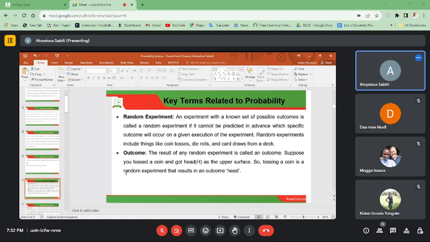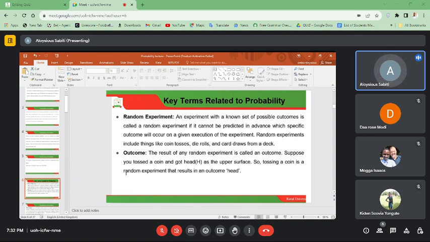That means in a random experiment, you have to predict the chances that one of the outcomes can come. That's why we call it a random experiment, because you cannot definitely say that the outcome will be one. It has a set of possible outcomes, and that makes it a random experiment.